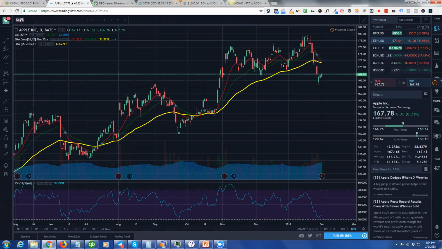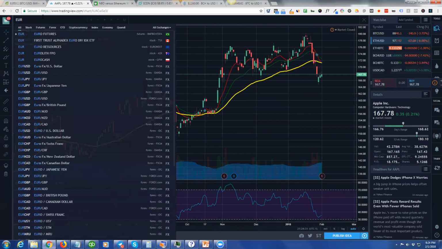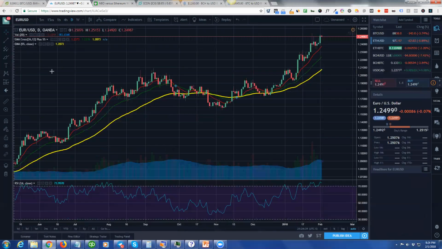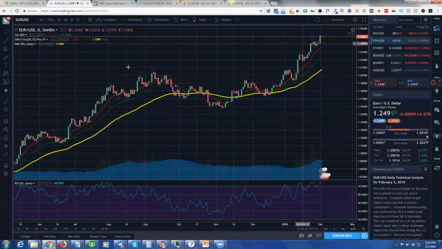So you can see if I want to do Euro USD. Let's see if I can get up here. So I'm going to do currency pairs. I'm going to do Euro USD. There we go. So I'm playing a little bit of the Forex market. I want Euro USD on Oanda. I can see what that chart looks like.